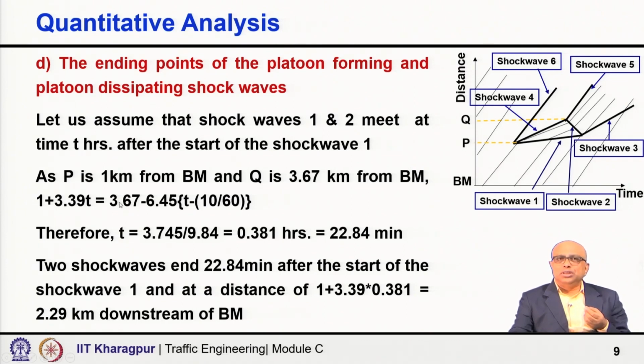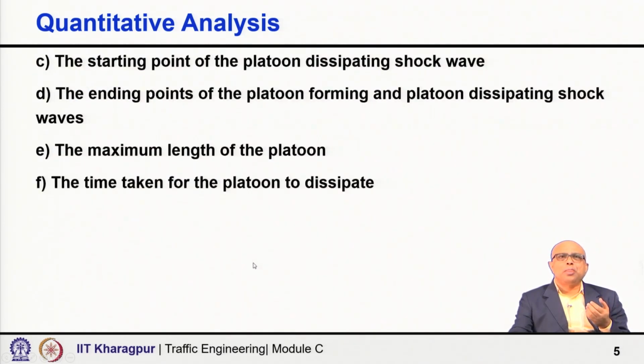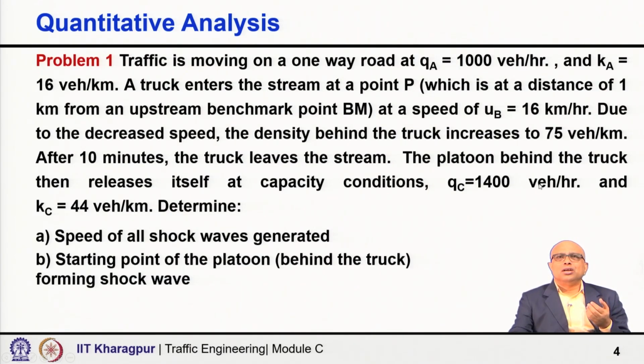As P is 1 kilometer from the benchmark, it is given. You can check that once again in the problem: a truck enters a stream at a point P, which is at a distance of 1 kilometer from an upstream benchmark.